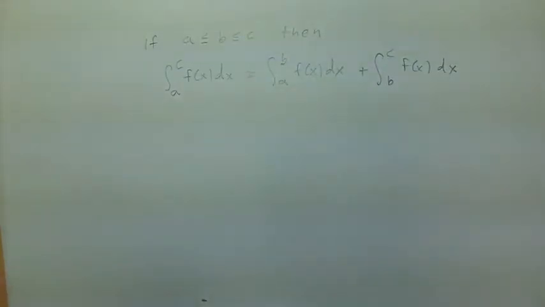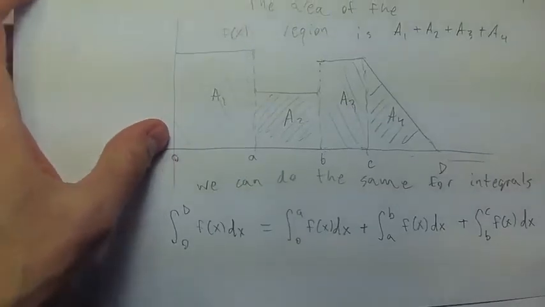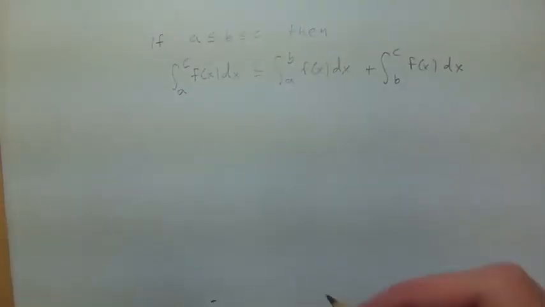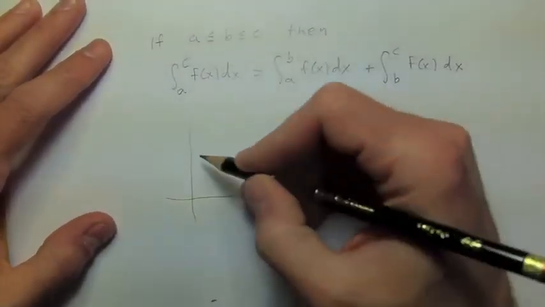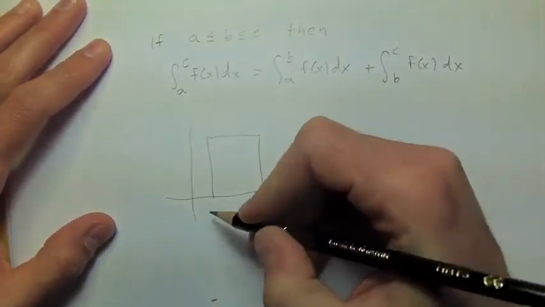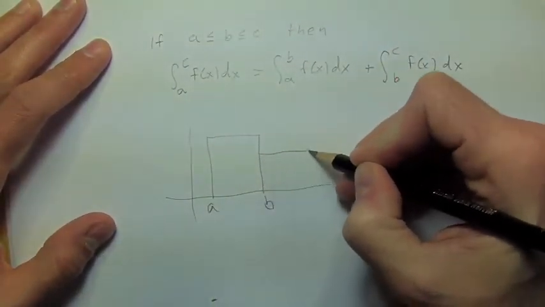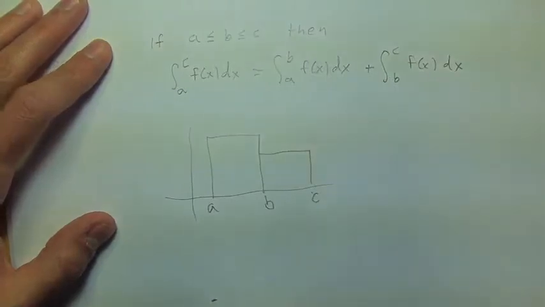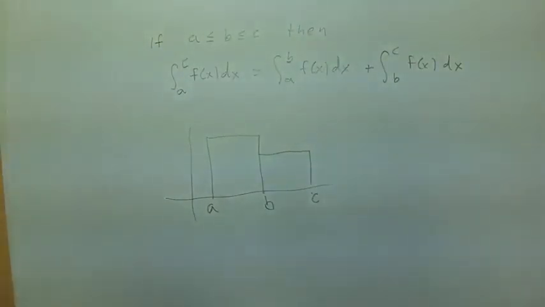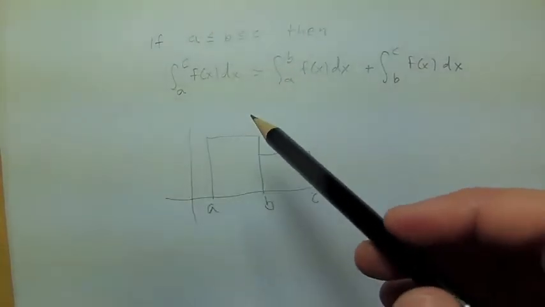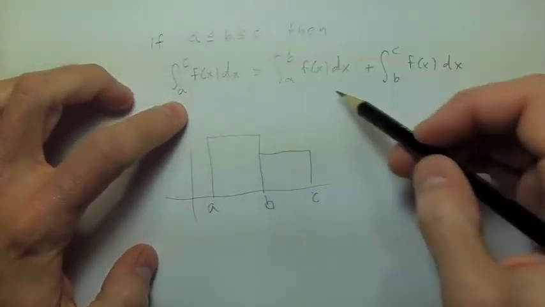Just looking at that in words, I don't think is really all that enlightening. But if you just think about it with the picture, or here I could draw another picture and say, I have this area from A to B, and then I have this area from B to C. And a very useful thing is you can actually move things around.